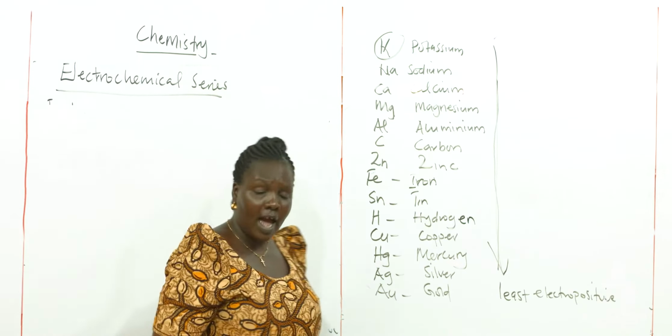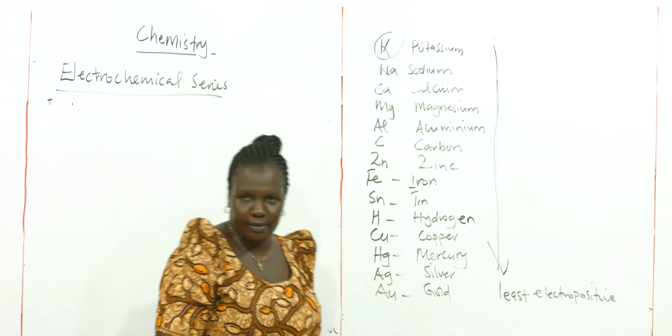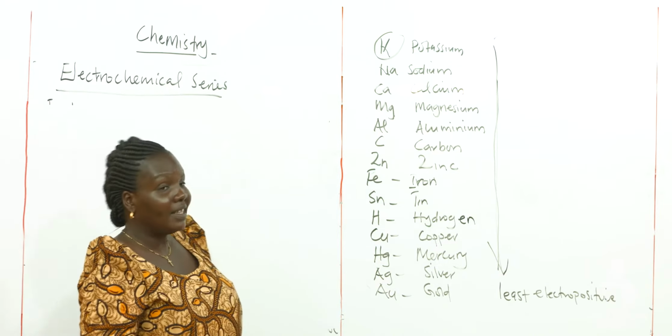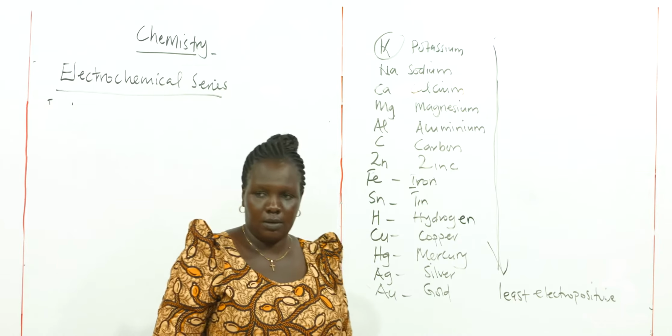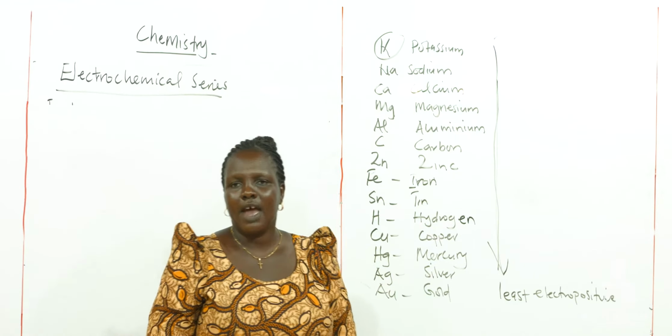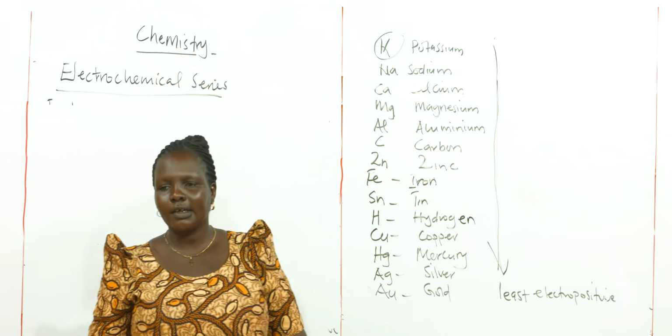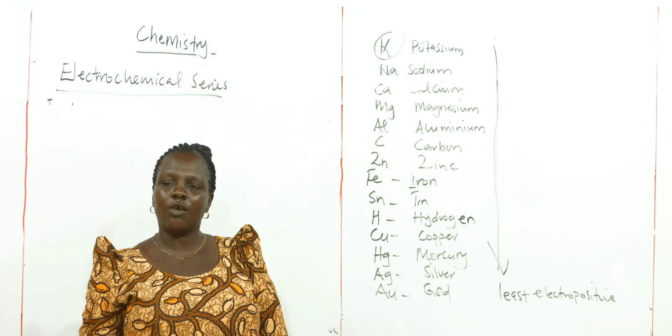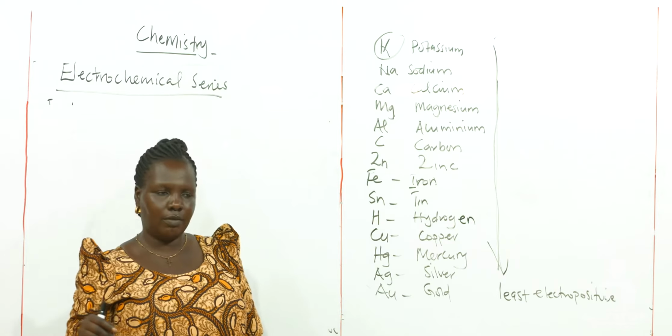Non-metals react by gaining electrons. As I said, metals react by losing their outermost energy level electrons, but non-metals react by gaining electrons in their outermost energy level.